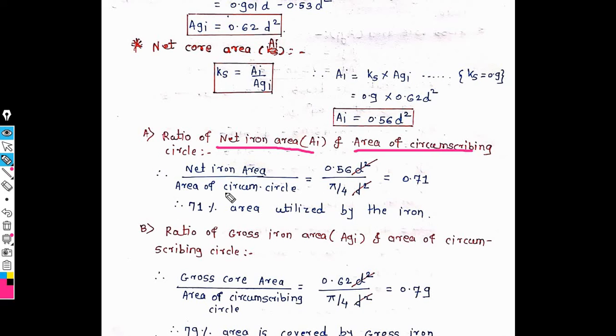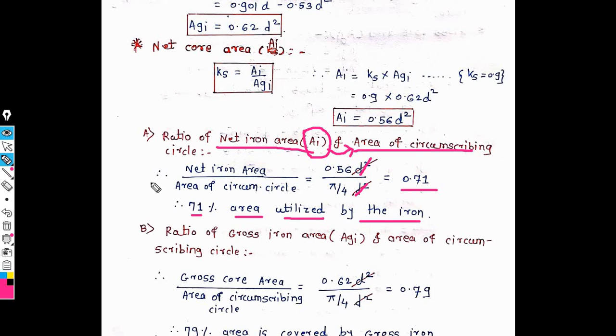The area of circumscribing circle formula is pi by 4 d square. Then d square gets cancelled. Then the ratio obtained is 0.71. That means 71% of the area is utilized by iron in the core. This is the net iron area AI calculated with respect to the area of circumscribing circle.